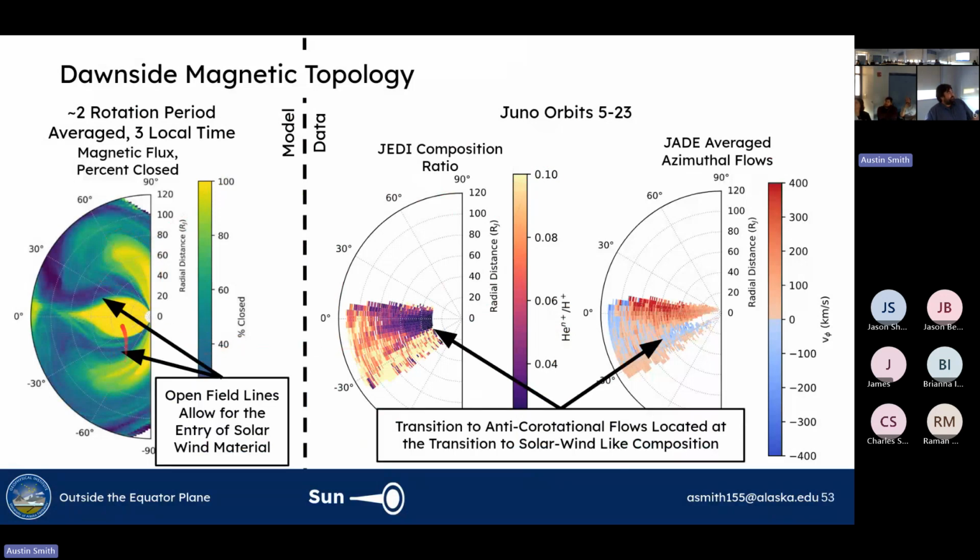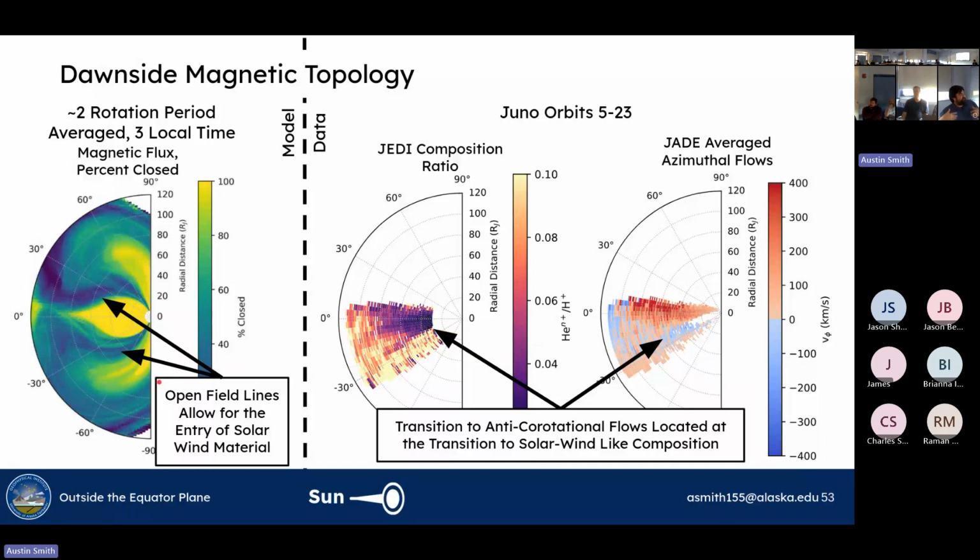And we see where these open field lines are in the model roughly corresponds to where this transition happens between co-rotational and anti-co-rotational flows and non-solar wind material to solar wind material. So the solar wind is getting in there at roughly the same spot that we see this transition from closed field lines to open field lines.